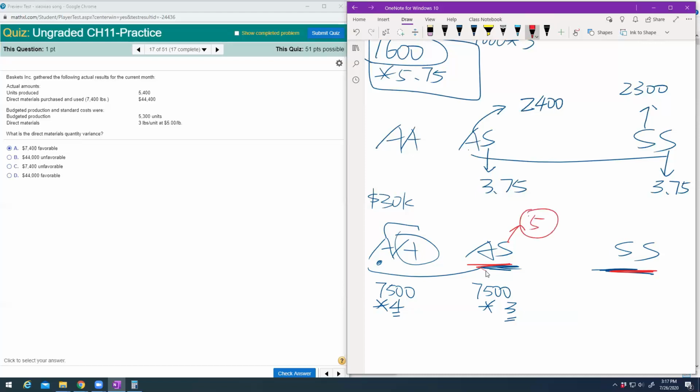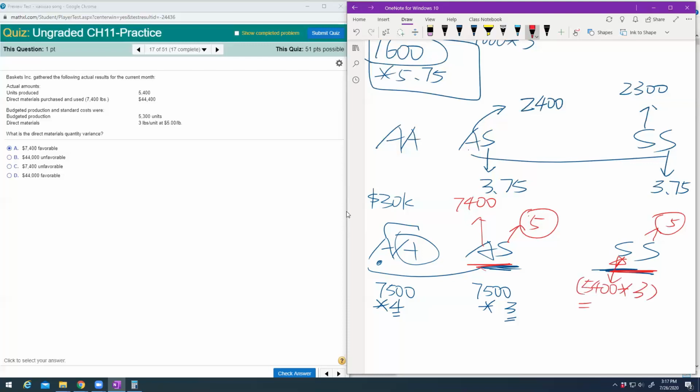Our actual pounds is 7,400 pounds. And our standard is for each unit we should use 3 pounds, and actually we produced 5,400 units.